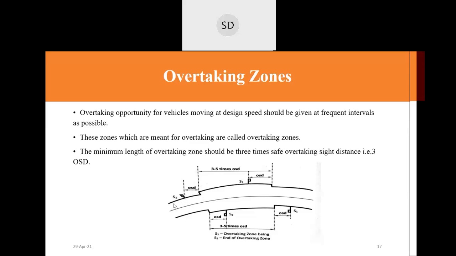At the end point, there should also be a signpost indicating that the overtaking zone will shortly finish, installed at a distance of one overtaking sight distance from the end point. Similarly for the opposite direction. These dedicated zones are called overtaking zones.